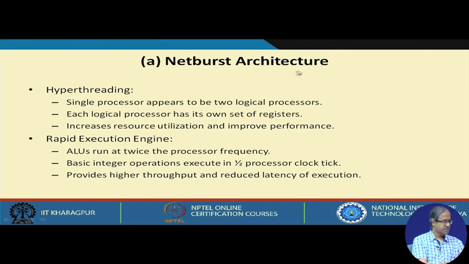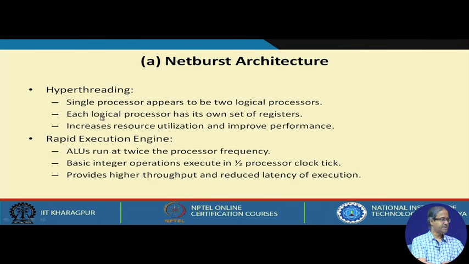The first of these architectures, the Netburst architecture, used hyperthreading. So, what is the concept of hyperthreading? It uses some kind of virtualization where a single processor appears to be two logical processors, as if two threads are running on the same processor.